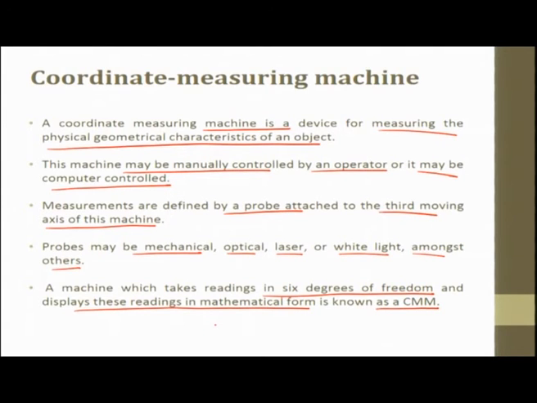If it is a free form, it will create a free form. If we know there is a structured form, we can select it beforehand, for example that this is a circle that we are going to measure. For a circle, a minimum of 3 points is required. For a plane, 3 points are required to define a plane. For a cylinder, 8 points are required. For a cone, 8 points are required. I will come to them when I show you the lab demonstration.